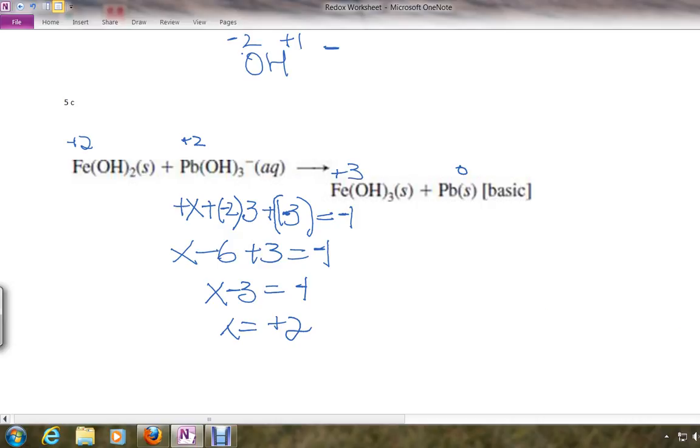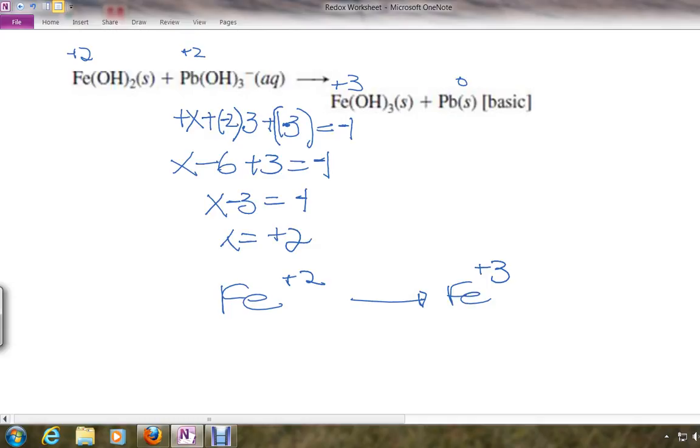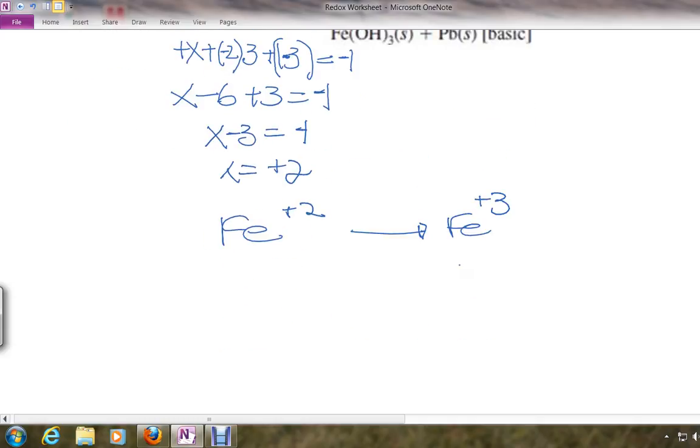So iron is going from +2 to +3. And if you look up, the Pb is going from +2 to 0.